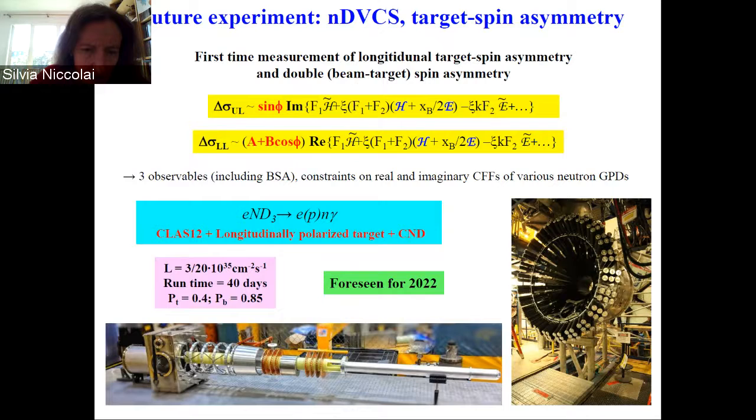You see here, it's not a drawing, it's an actual photo of the target insert. And the experiment is right now probably foreseen for 2022. It was expected for 2021, but probably due to the COVID delays, it's going to go a bit further on.